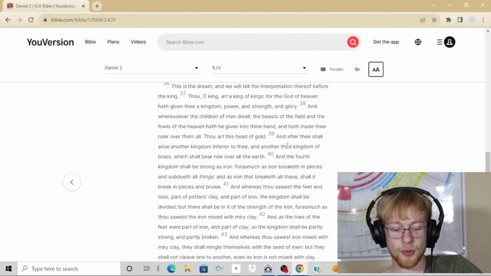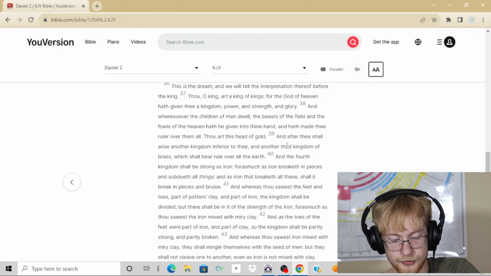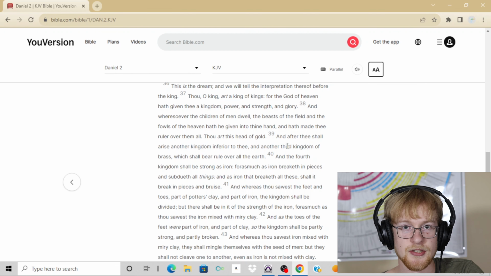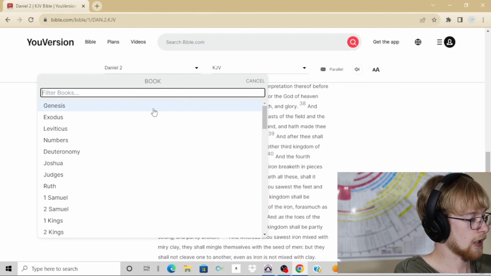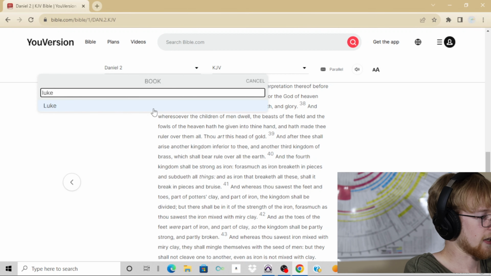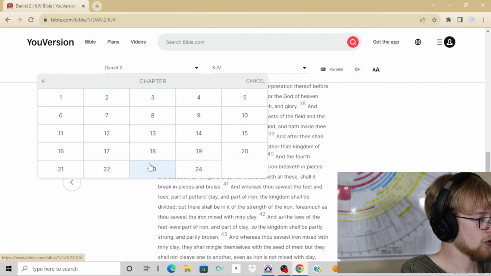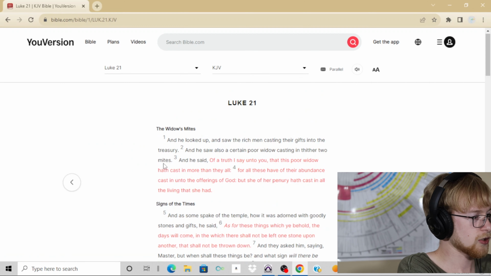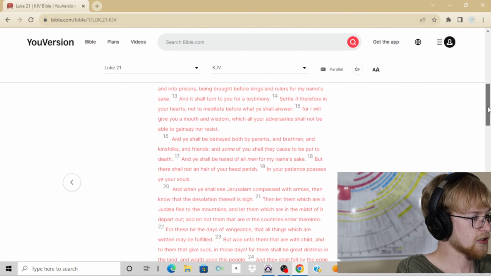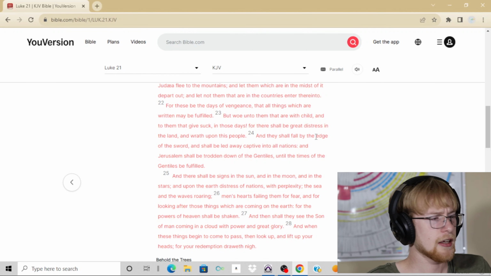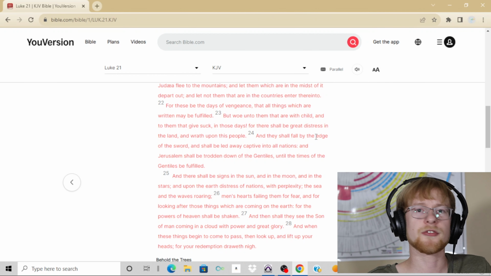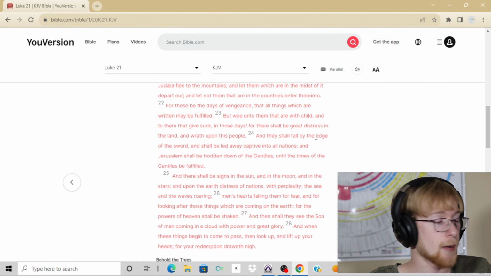At this point in time, all this refers to the time of the Gentiles. The time of the Gentiles is a term talked about by Jesus, in fact. So if we go to Luke 21:24, for context in Luke, his disciples are asking about the future and the end times and what's going to happen.